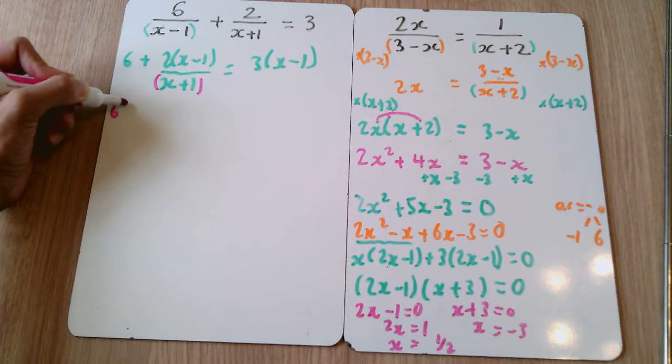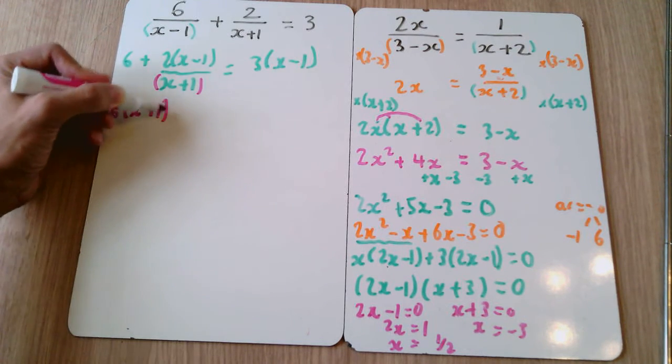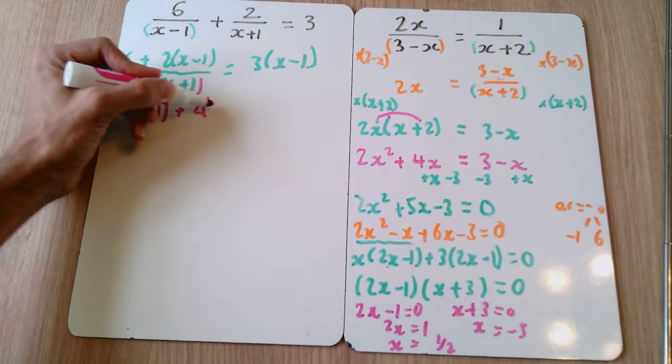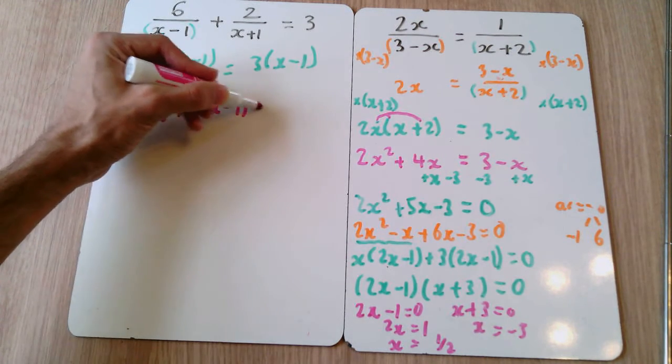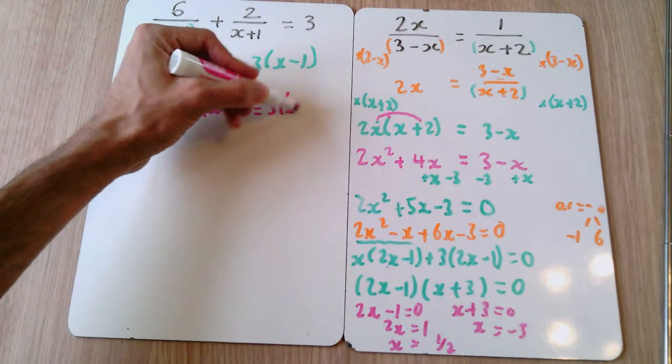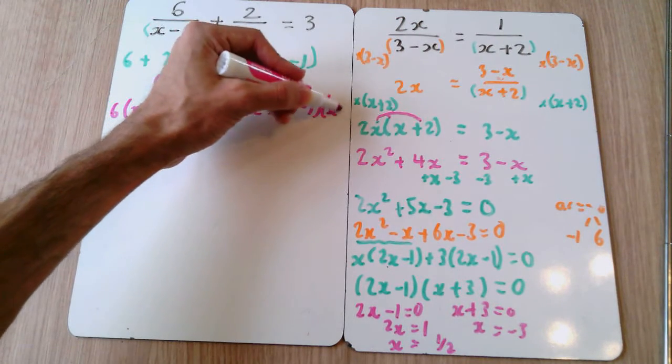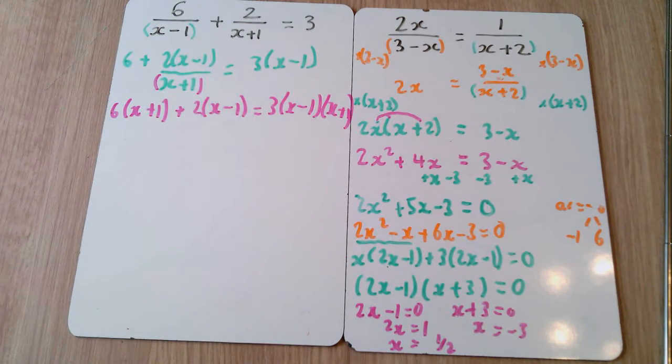So we're going to get 6(x + 1) + 2(x - 1) = 3(x - 1)(x + 1). That there has gotten rid of our fractions. So we now need to expand our brackets and solve accordingly.